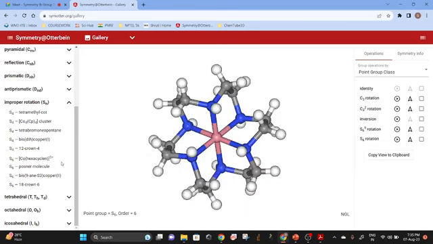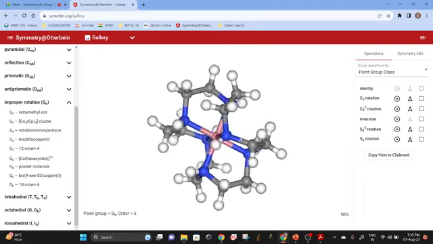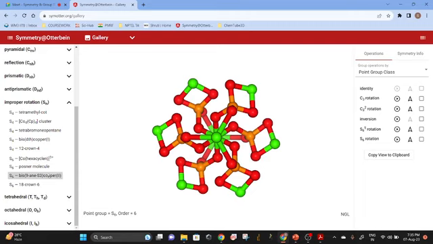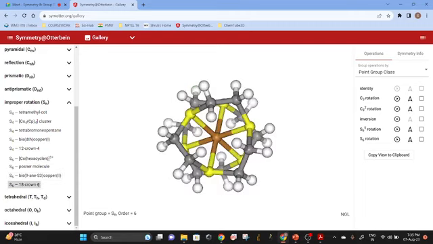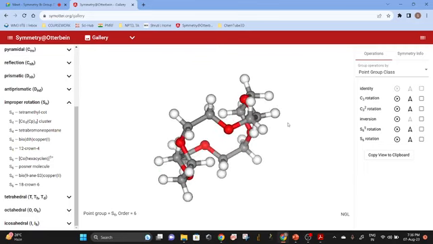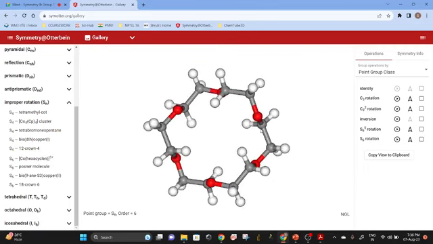So for S6 we have to apply C6 and a perpendicular sigma plane. Suppose this is the molecule, this is complex one. See from top it is like this.